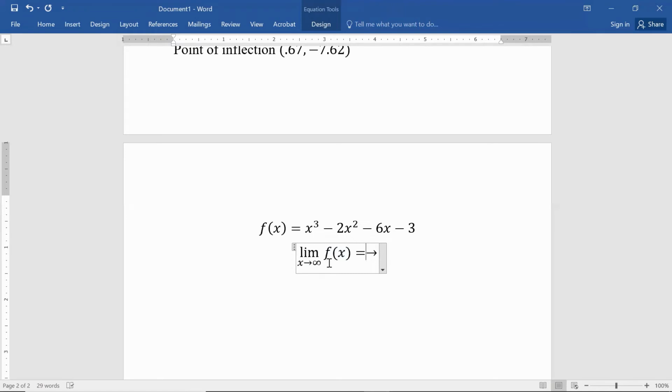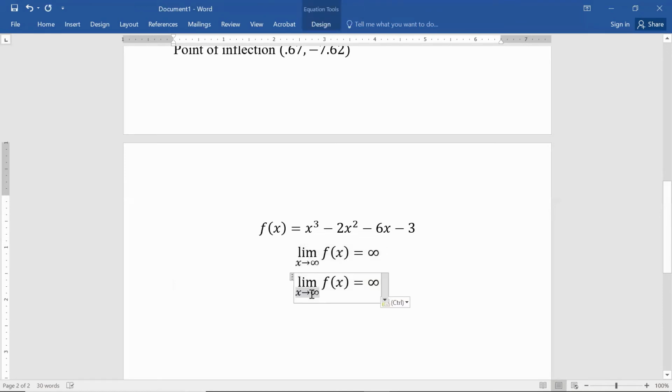As x goes to infinity, you're going to get really big numbers cubed. That term is going to dominate. And if you take a really big number and cube it, it's going to still be a really big number. In particular, if it's a positive number and you cube it, it's going to be still a really big number, which is positive. So the limit of f of x as x goes to infinity is infinity.